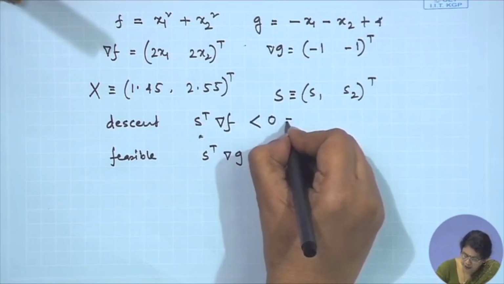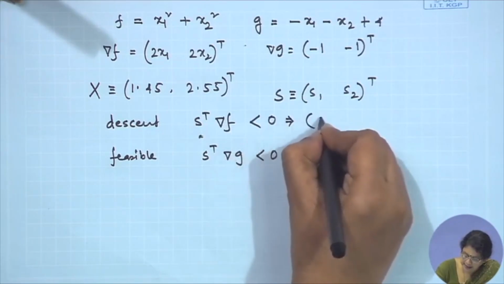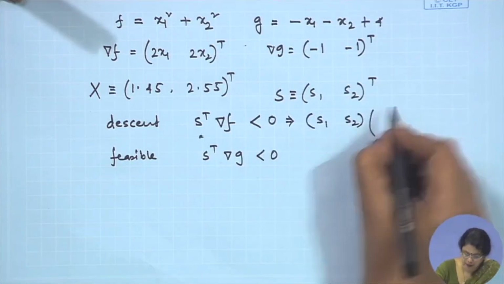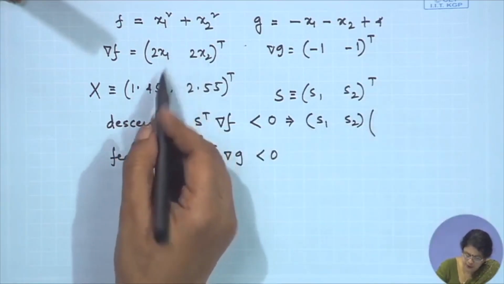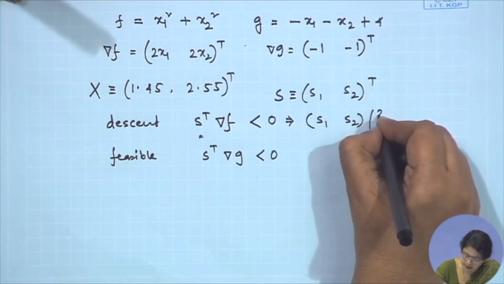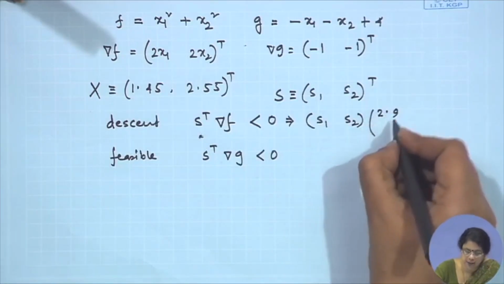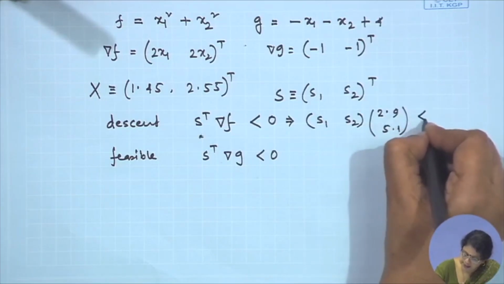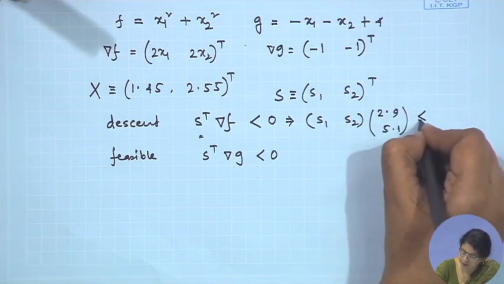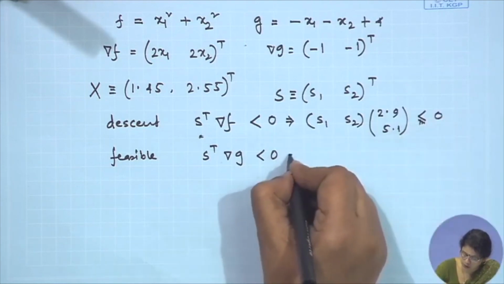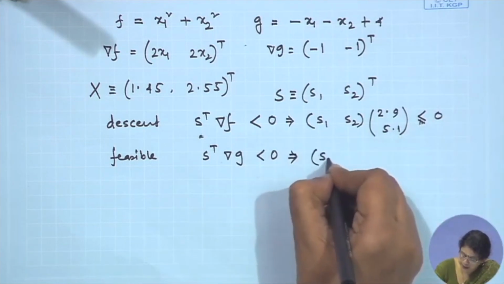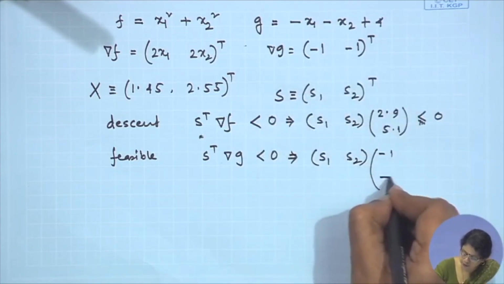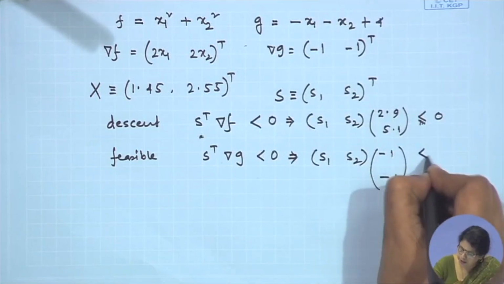What we are getting from here: S1, S2 at this point 2x1, 2x2, that is why this point is coming 2.9 and this point is coming 5.1, must be less than 0, and this is equal to S1, S2 with no involvement of x1, x2, must be less than 0.